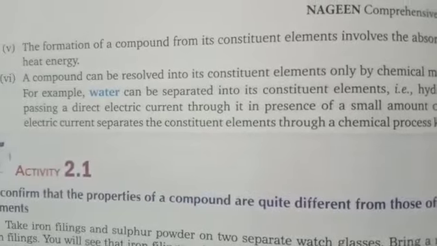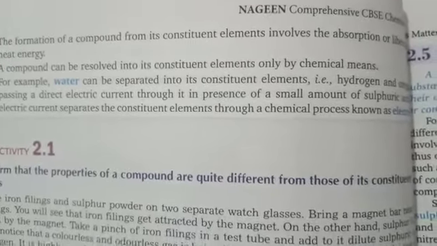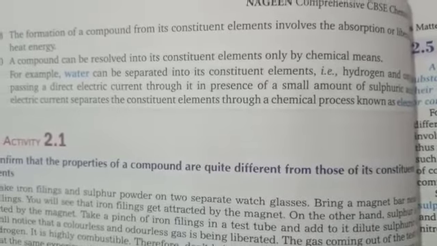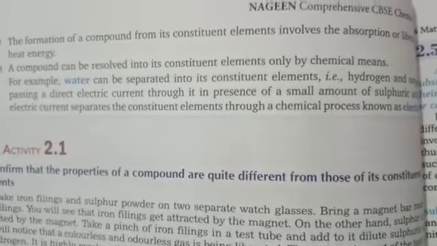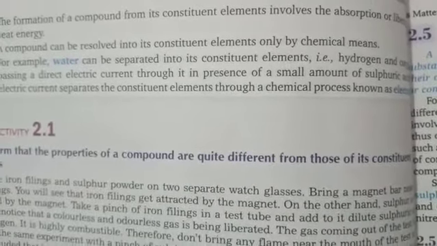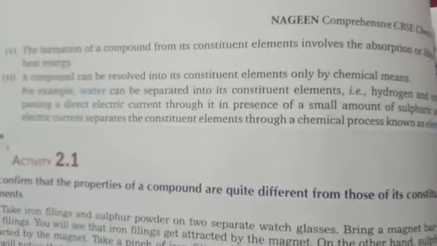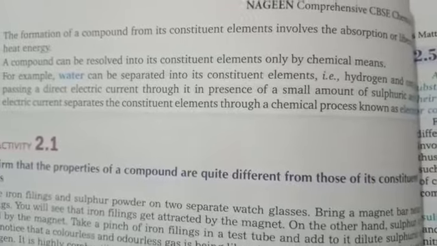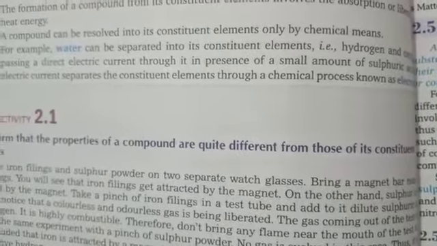For example, water can be separated into its constituent elements hydrogen and oxygen by passing a direct electric current through it in the presence of a small amount of sulfuric acid. The electric current separates the constituent elements through the chemical process known as electrolysis.